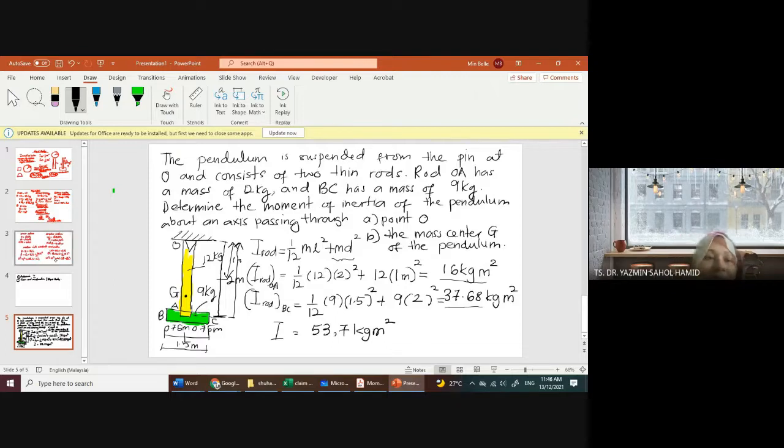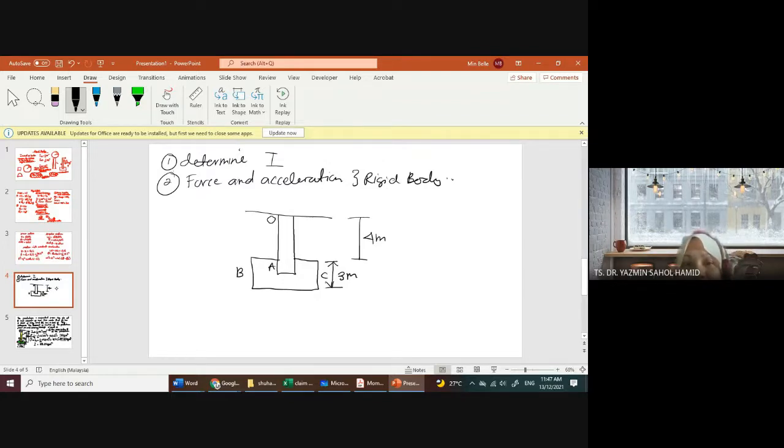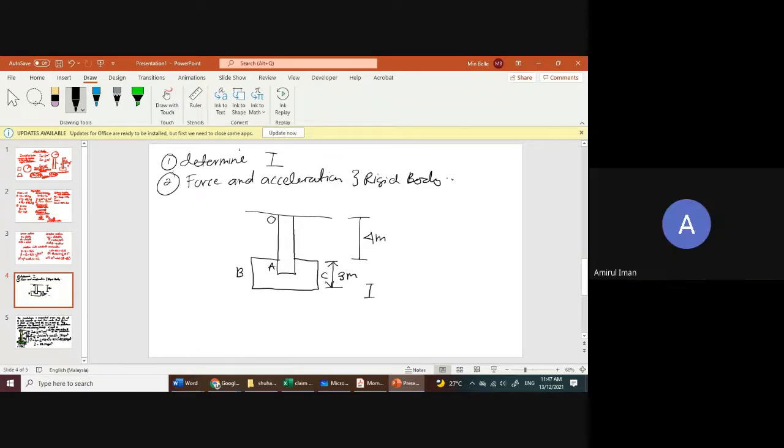Right. Now, jika let's say saya bagi gambar lain sikit, saya bagi ni panjang ni to be 3 meters and this one to be 4 meters. Let's say ni sama lah O, A, B, C. Berapakah D untuk ni, untuk BC? 5.5.